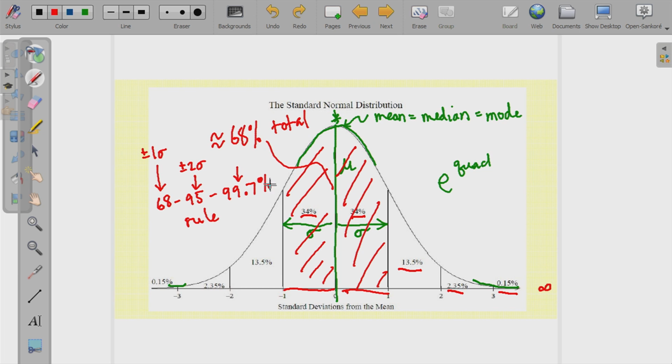So again, hopefully what you'll notice is once you get out beyond 3 standard deviations, if a population is normally distributed, you're not going to find too many members of the population out in that range.